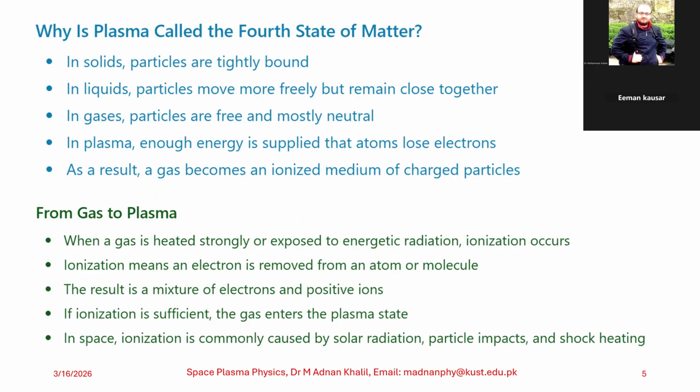Like we discussed in the previous course at the BS level, to create plasma we need some sort of energy. In space, that energy comes from solar radiation, particle impact, and also shock waves. We will be focusing on these phenomena in this course.